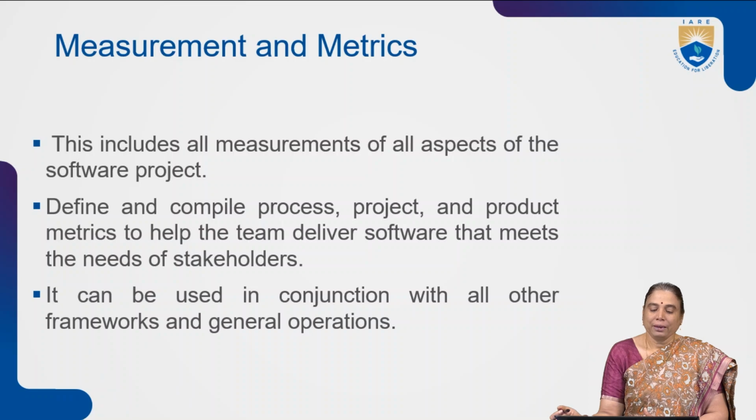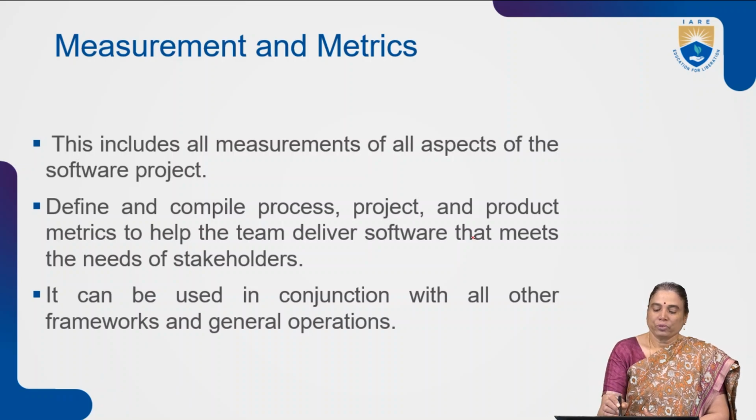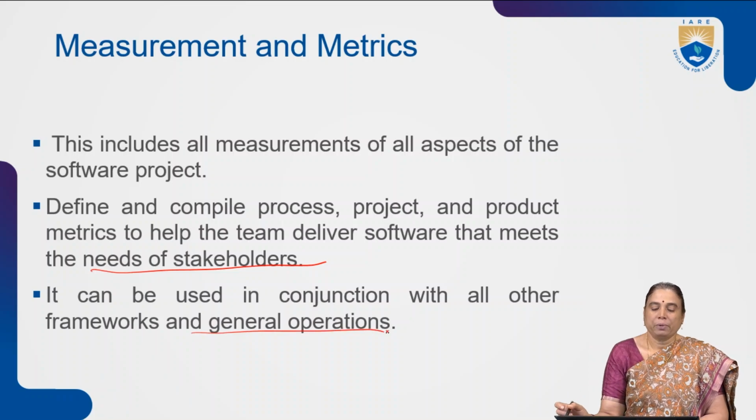These define process, project, and product metrics to help the team deliver software that meets the needs of the stakeholders. So it can be used in conjunction with all other framework and general operations.